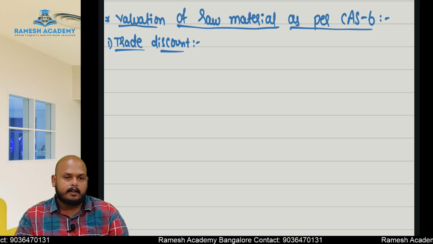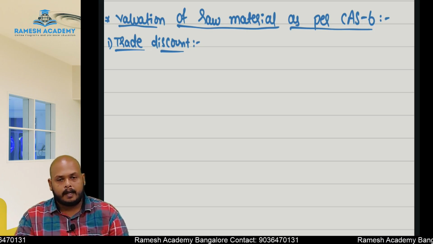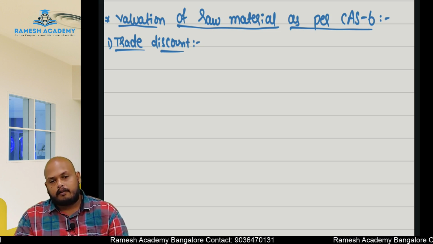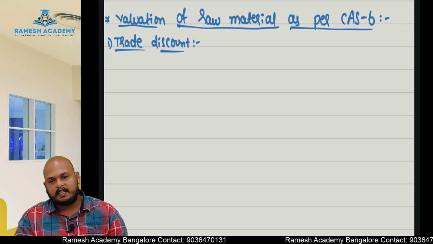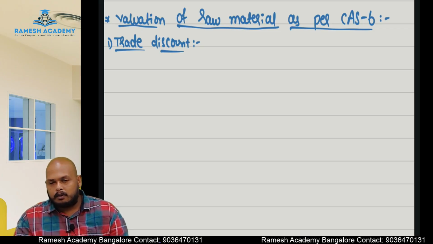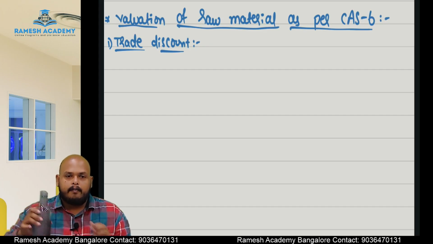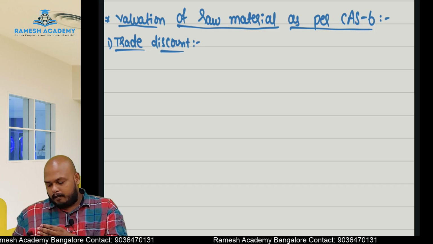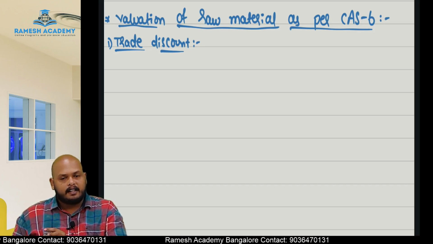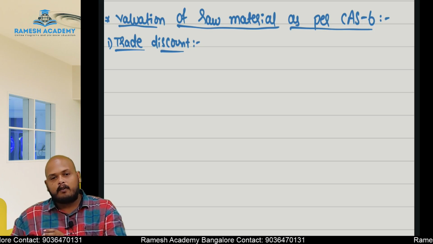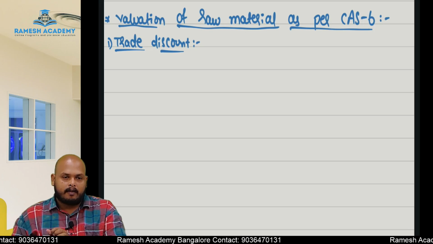What do you mean by trade discount? It is a discount which is offered by the seller when the quantity purchased is bulk quantity. The discount offered by the seller when we purchase in bulk is known as trade discount. So what do we have to do? We have to deduct it from the purchase invoice.